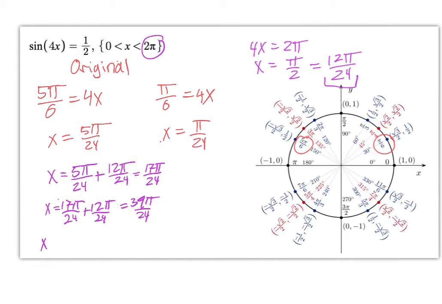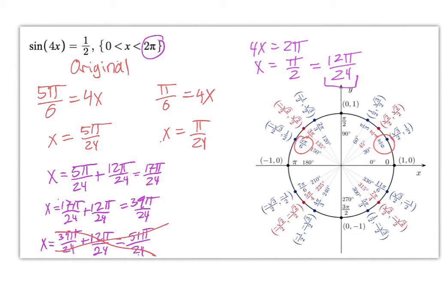We're going to start that again. So we get 39 pi over 24 plus another 12 pi over 24, and as soon as I do that, I'm now over 2 pi, so we cannot use that one.